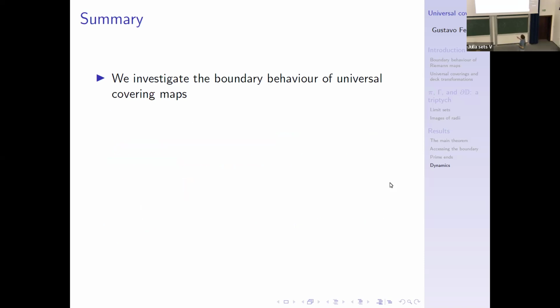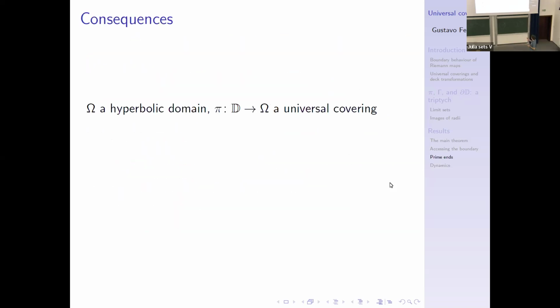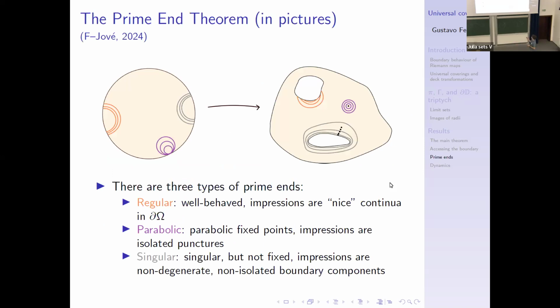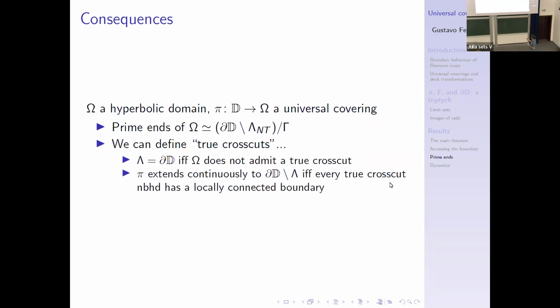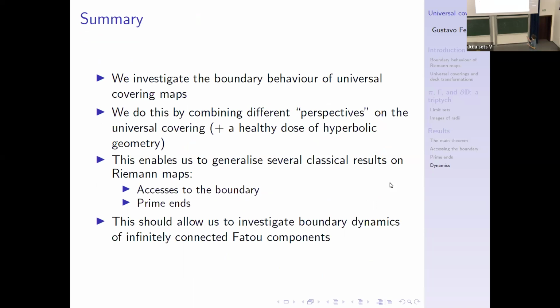And we have this whole theory of prime ends that I didn't get to talk about. One of the big questions is, if I take a point that's here, whose impression of the prime end is sort of this boundary component, what does the angular cluster set look like in general? And other questions which are more dynamical in nature are, can we use this theory to talk about boundary dynamics in, say, an infinitely connected Baker domain, which is why we did all this in the first place, actually.